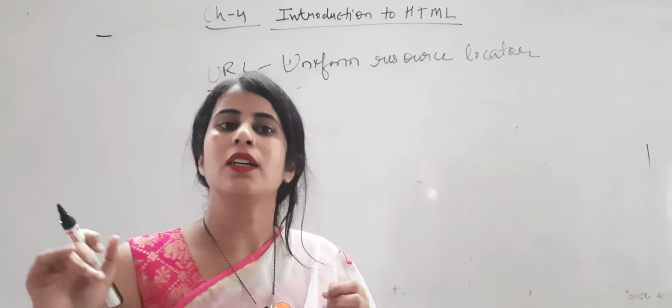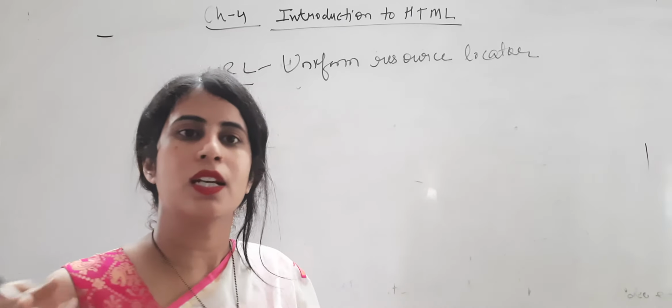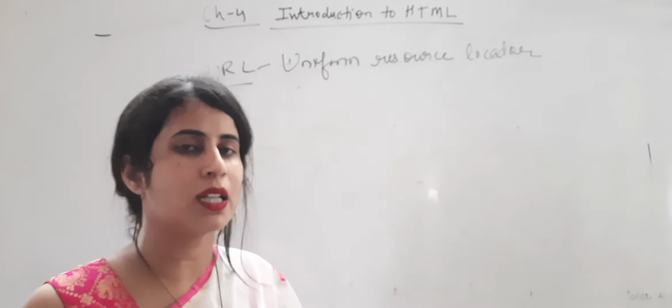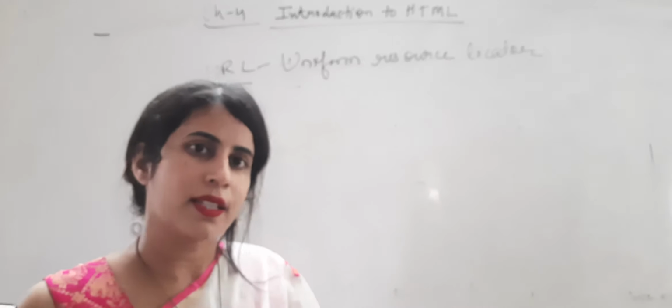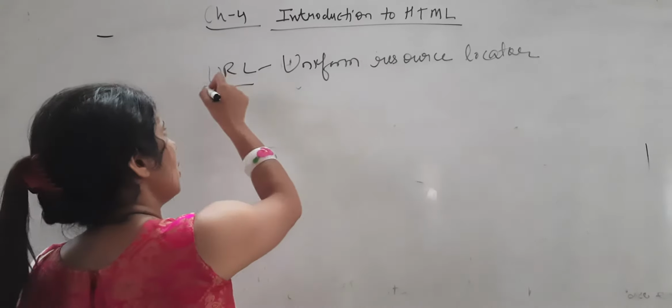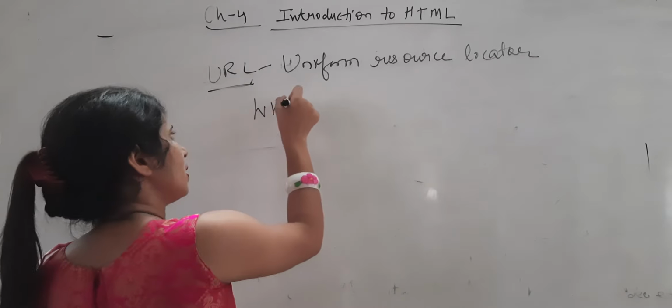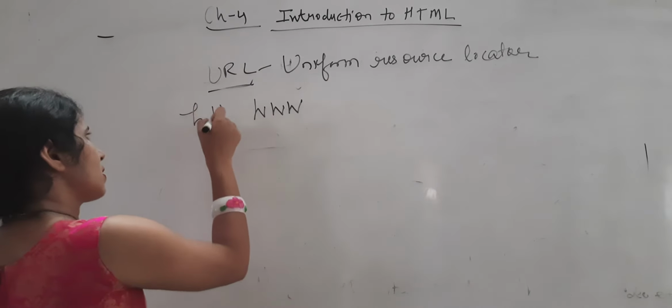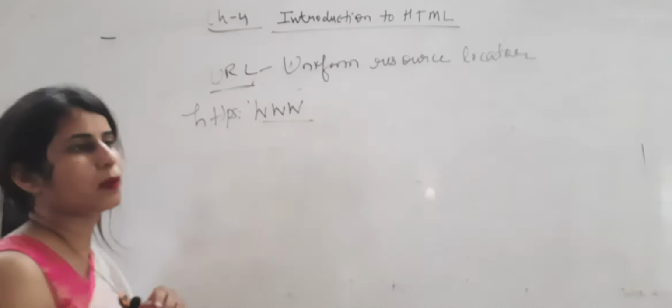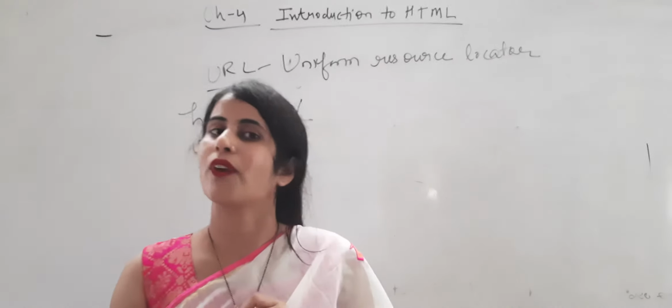Like if persons are living in a society, then every person has a different house number, a different address. In the same way all websites have different URLs. Every URL starts with HTTPS. After this, www stands for World Wide Web.